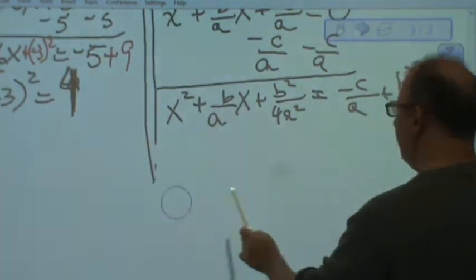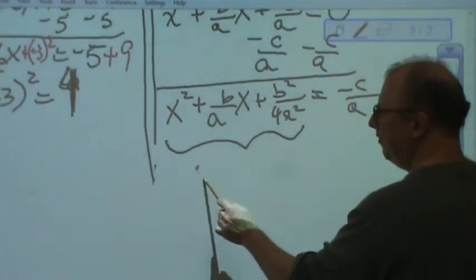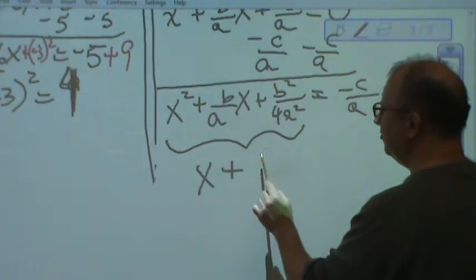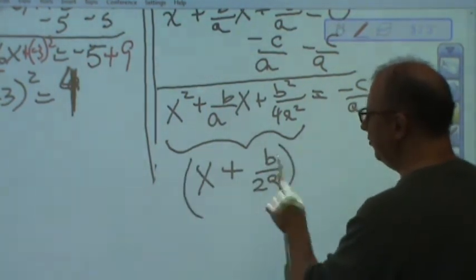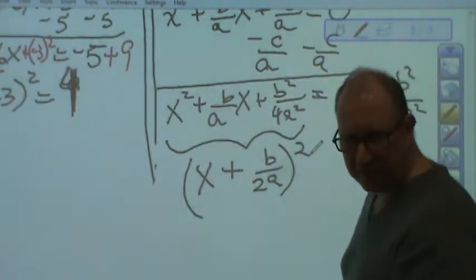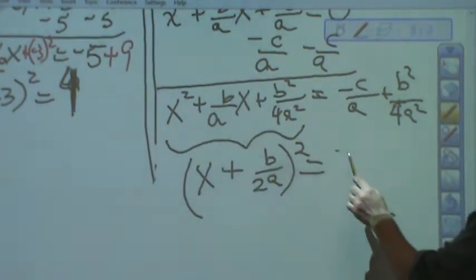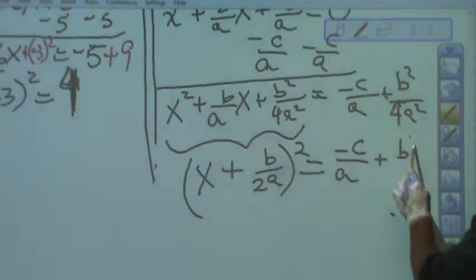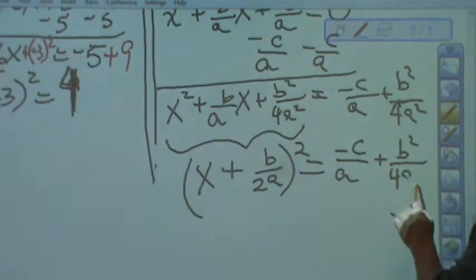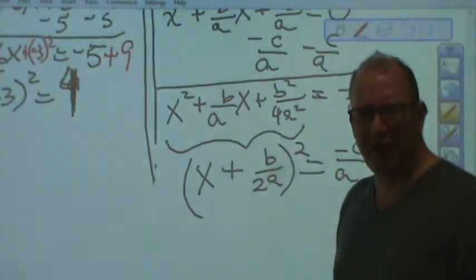Now let's look at what I'm left with here. If I factor this, I have x plus b over 2a squared. Once again, I'm completing the square. Equals negative c over a plus b squared over 4a squared. Wait a second. When you add or subtract fractions, what do I have to have?